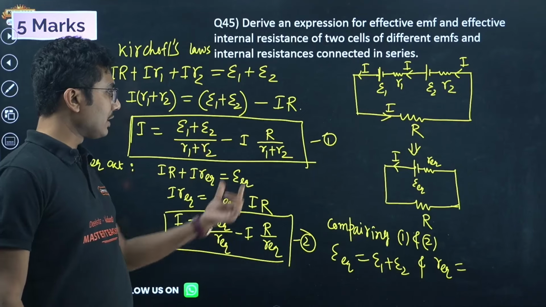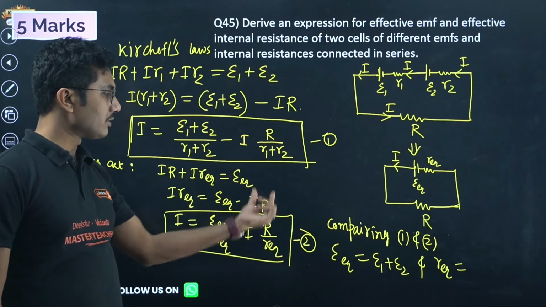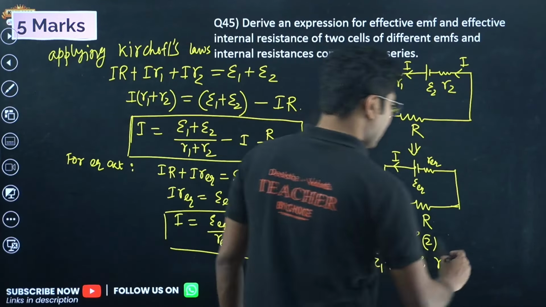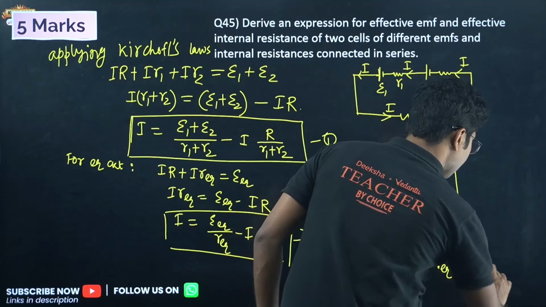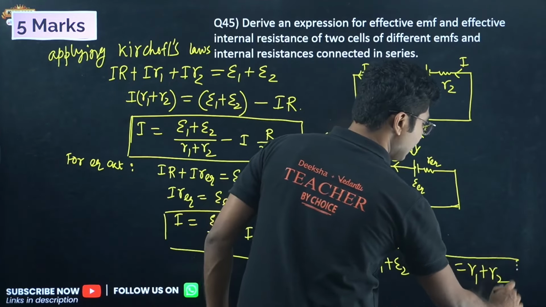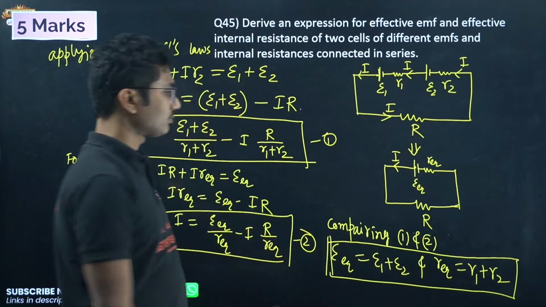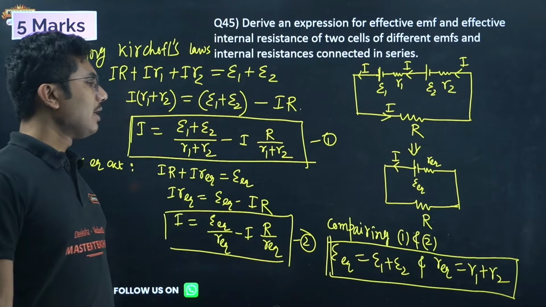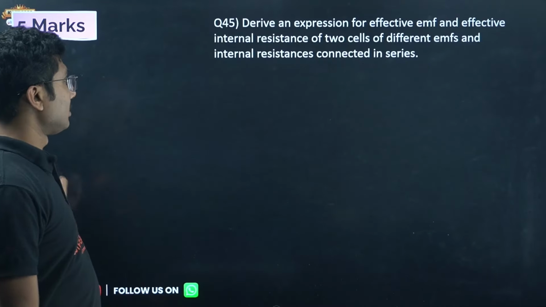We can also verify it from this equation. So in a series combination, resistances simply get added, and where resistances get added, EMFs also get added.